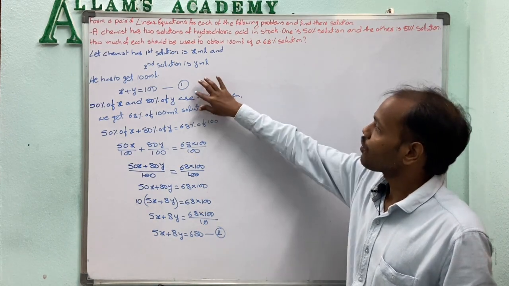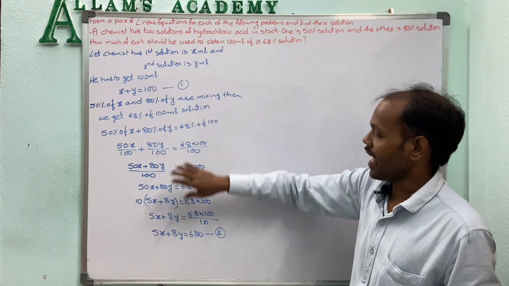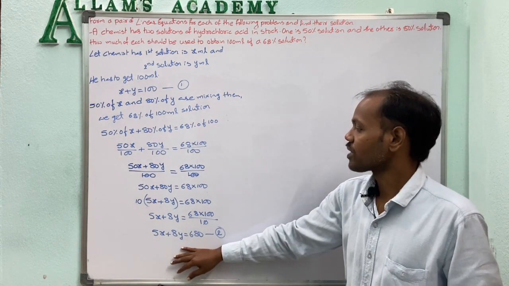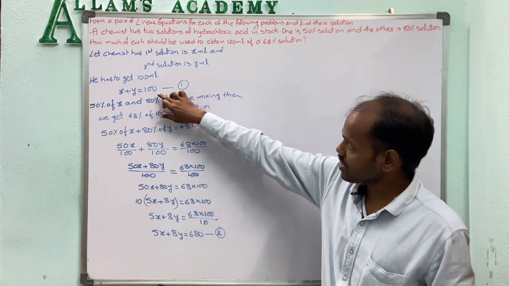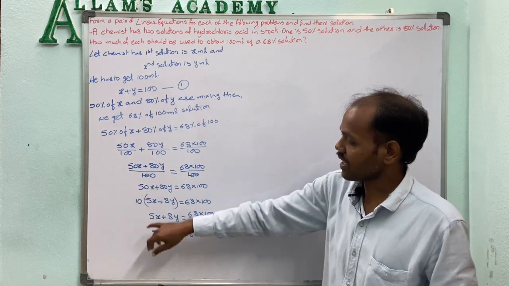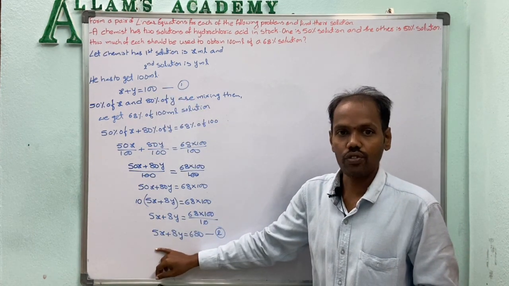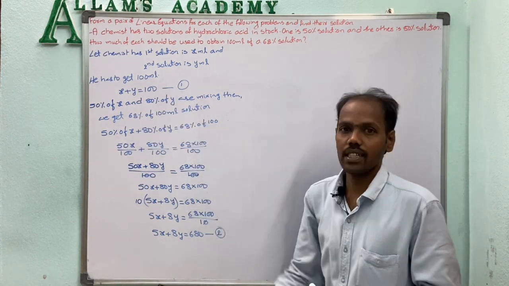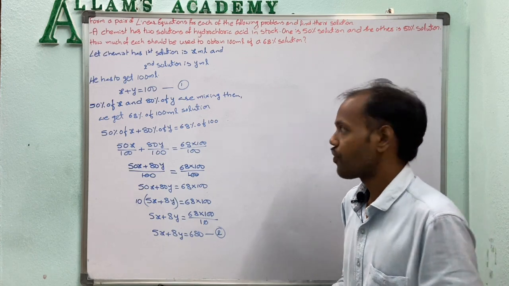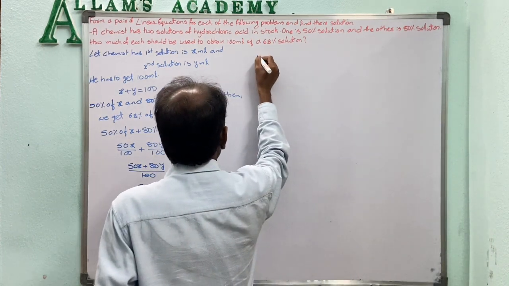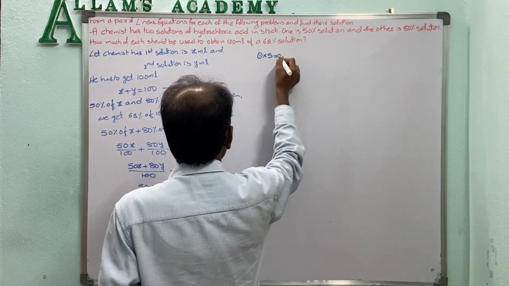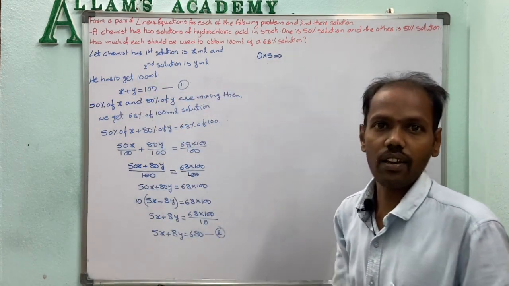So for the first equation and second equation, we equalize the x coefficients. The x coefficients are 1 and 5. So the first equation is multiplied with 5. The first equation is x plus y equal to 100.